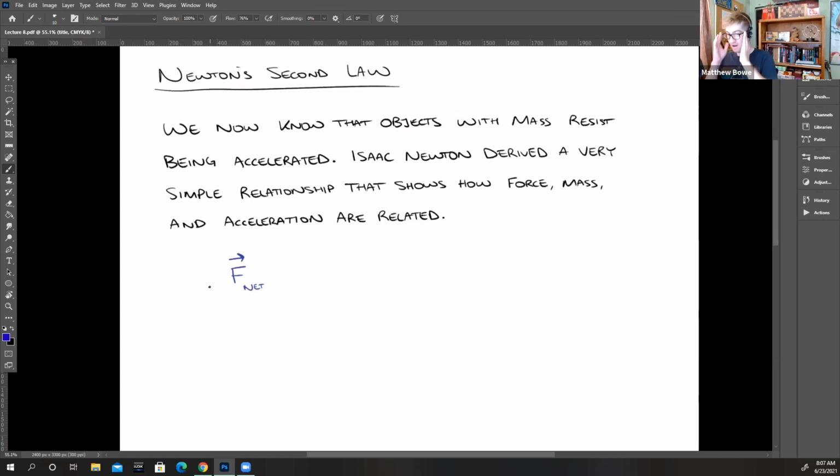It's just how much force you add all together that is required to accelerate this object the way it is accelerating. This force is equal to the mass of the object multiplied by the acceleration.